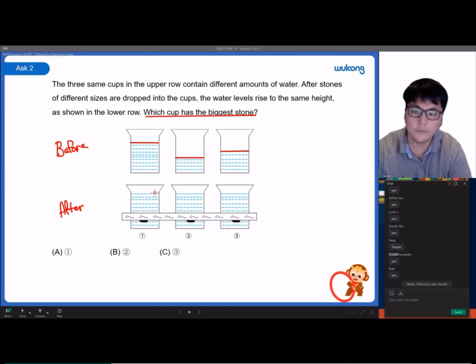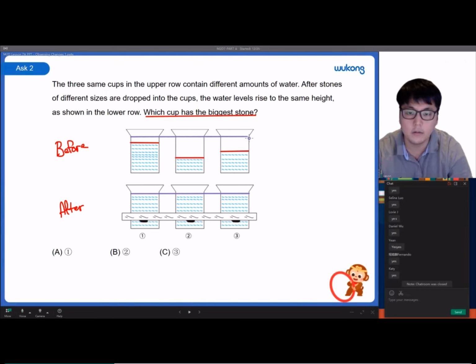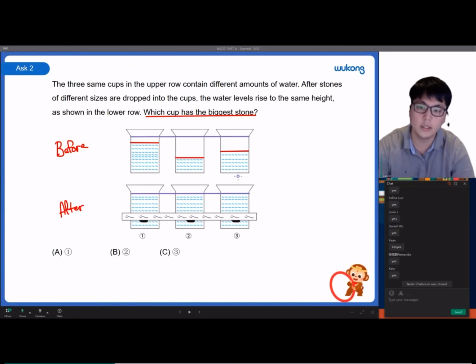Okay, and so let's see. Let me draw with a different colored pen. Maybe I'll use purple. So you can see that this purple line is the after, after putting a stone inside. So if I draw the same line on the before pictures, you can see.